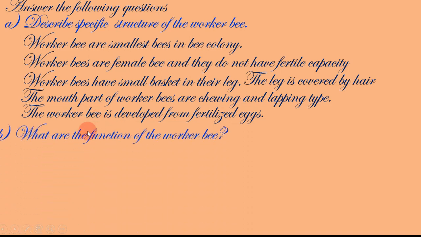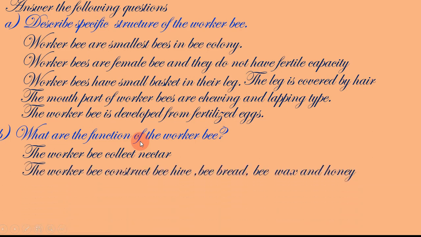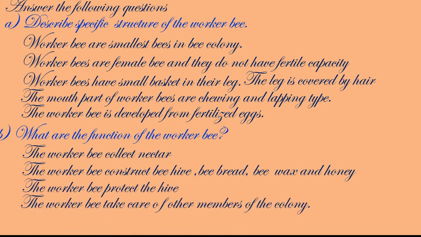Now I have another question. What are the functions of the worker bees? The worker bee collects nectar, constructs the beehive, bee bread, bee wax and honey, protects the hive, and takes care of other members of the colony. These are the most important questions, you remember them.